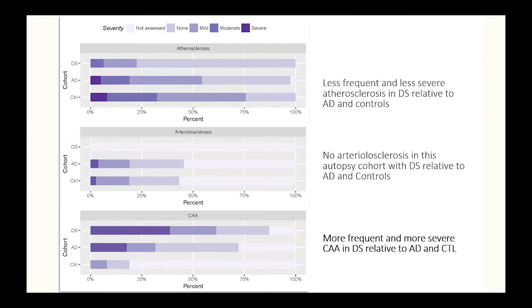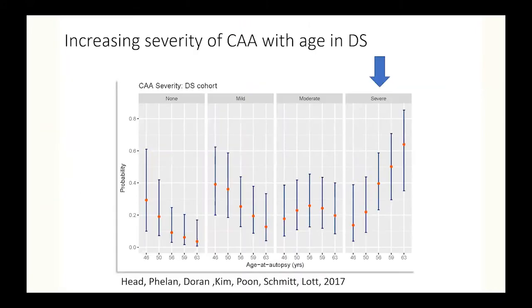Arteriolosclerosis was absolutely absent in our Down syndrome cases compared to our AD and control cases. And then in contrast, cerebral amyloid angiopathy was far more extensive and far more severe in Down syndrome when we compare that to Alzheimer's disease and control cases. Then Michael plotted this a different way, looking at age of people with, this is just Down syndrome, different ages of Down syndrome in our autopsy cohort.